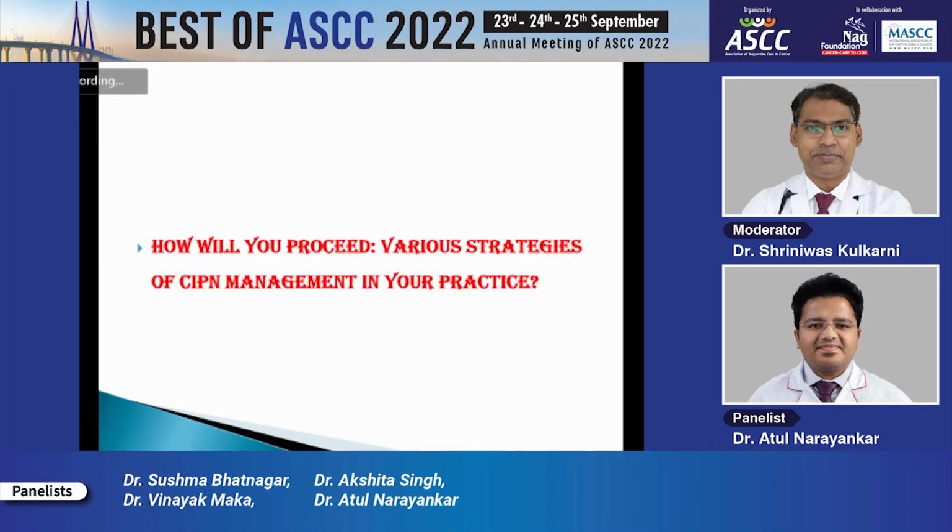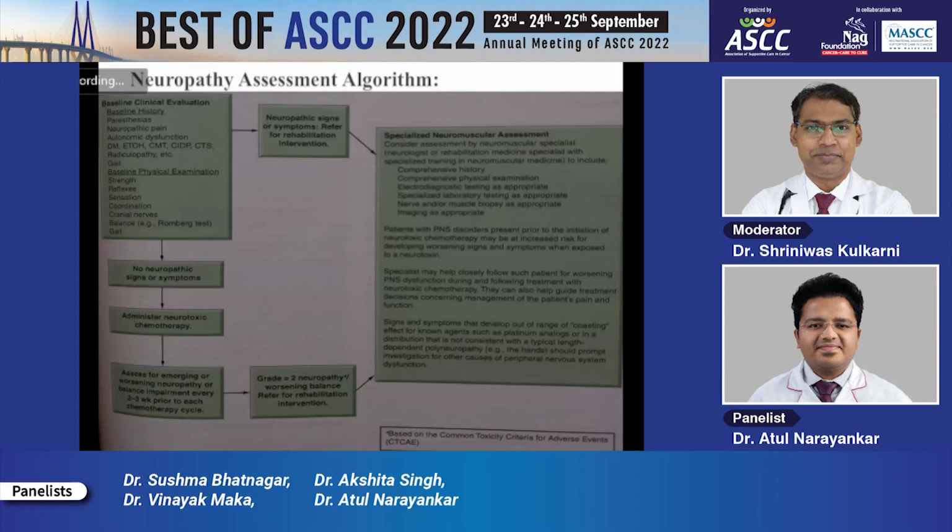So the various strategies of CIPN management, right? It starts from basic evaluation. So basically, we need to involve specialized neuromuscular assessment specialists in the care, and we need to go into details such as comprehensive history, comprehensive physical examination, electrodiagnostic testing as indicated by the patient's condition, nerve and/or muscle biopsy as appropriate, and imaging as appropriate.